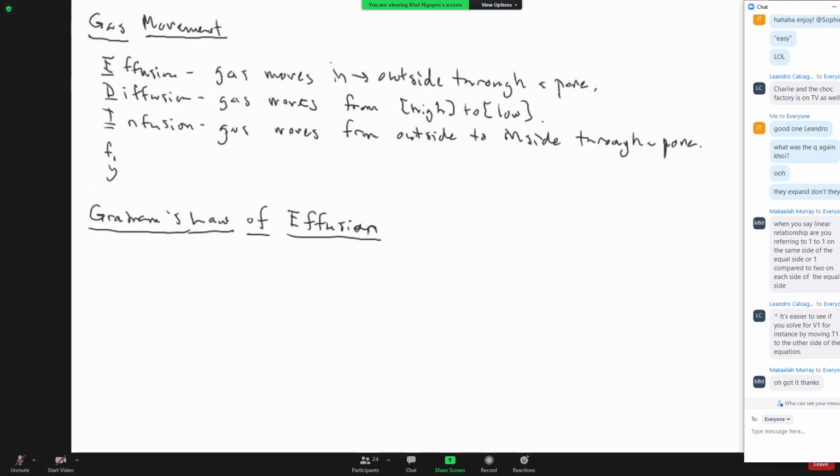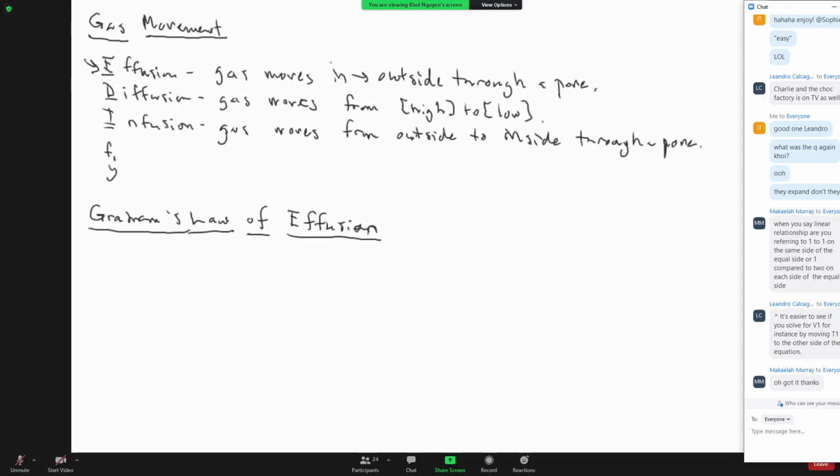How is E different from E above? They're the same. Graham's law of effusion. What other E are we talking about? We're talking about this E. I is infusion. It's direction dependent. One goes in, one goes out.